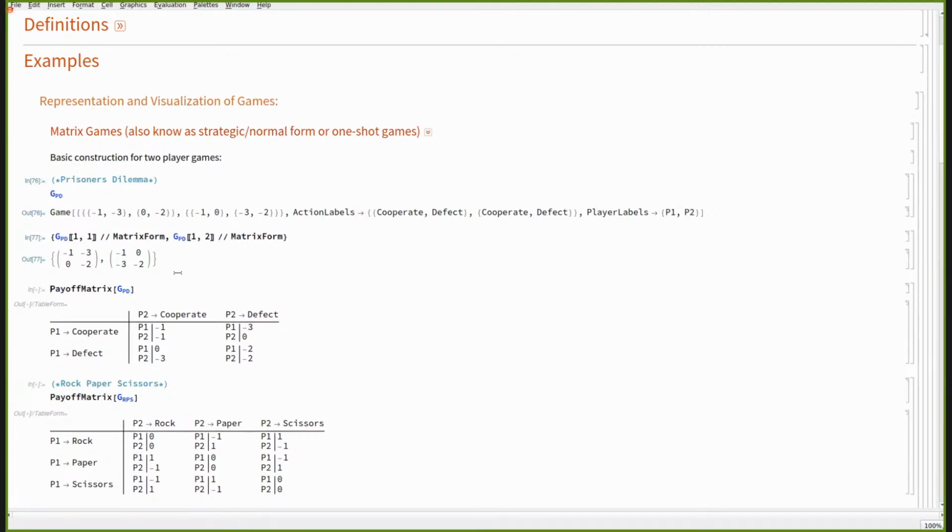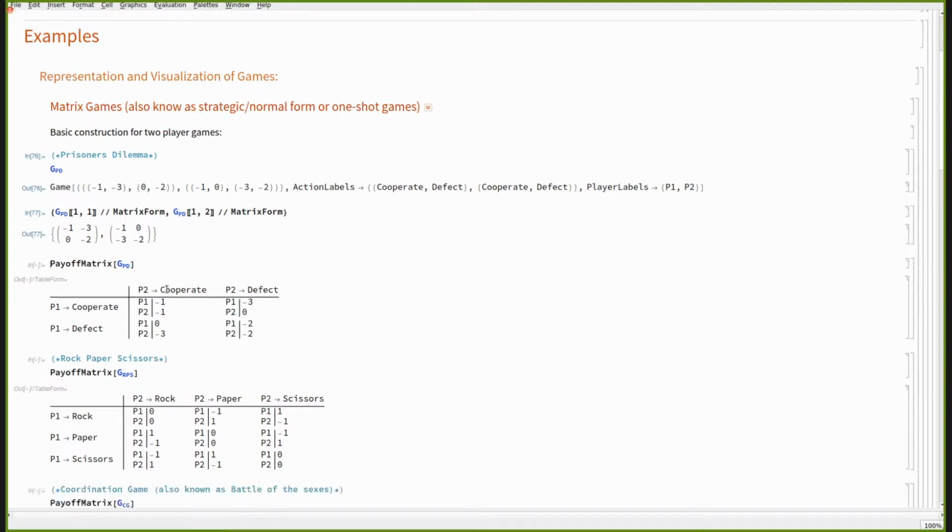It might be better if I'm running this notebook. You've got two game matrices here for the two players, correct? Yes. Okay. So let's understand what's happening here.